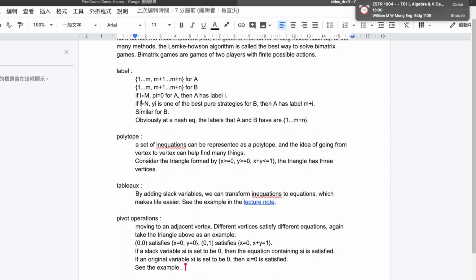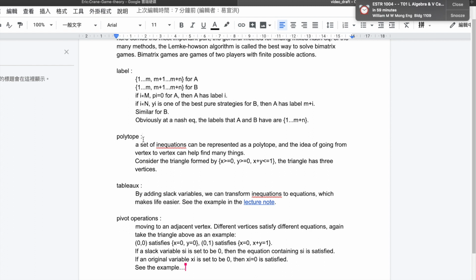If i belongs to n and action i for player B is one of the best pure strategies for B, then player A has label n plus i. Similar for B. So obviously at a Nash equilibrium, the labels that players A and B have together are 1, 2, 3, up to n plus n.